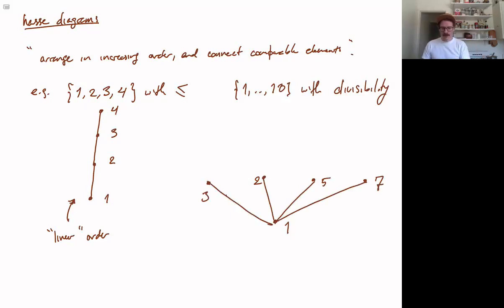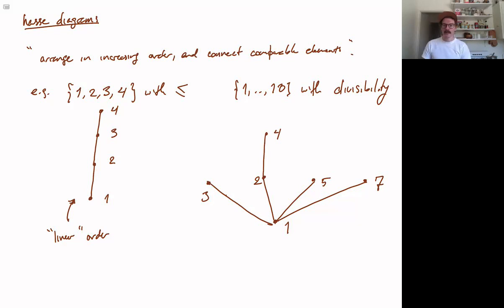And how do we get one step more? Well, we take things that are divisible, for example, something that's divisible by 2, and not by anything bigger or smaller, is 4. So 4 is going to be next here with a direct connection from 2.